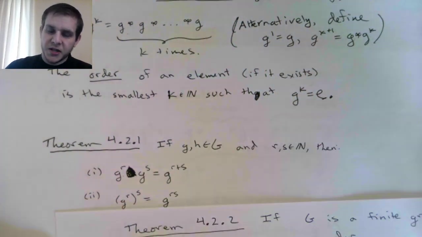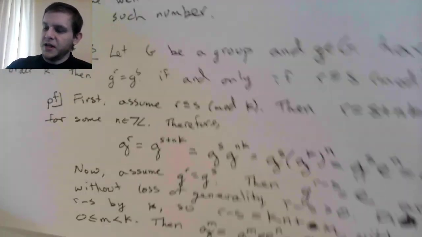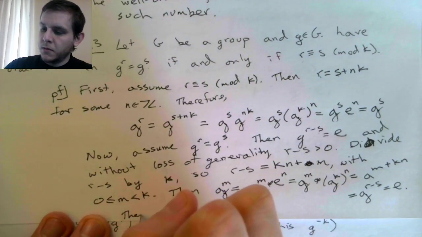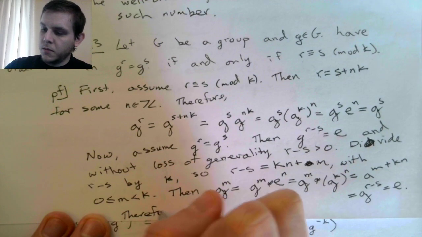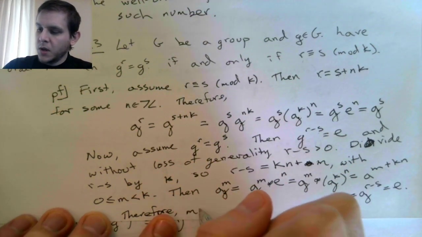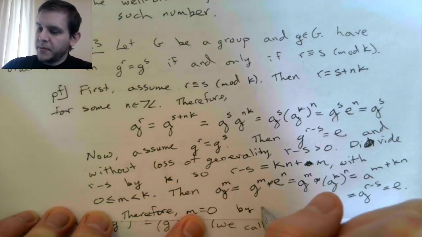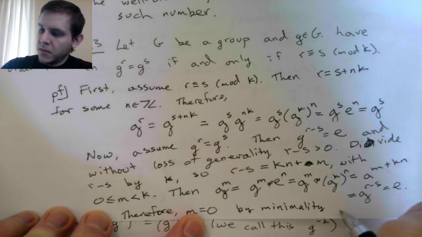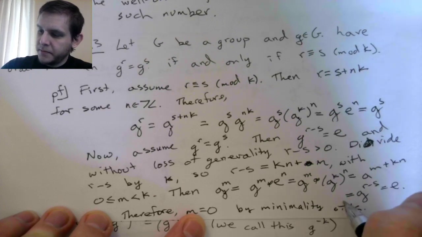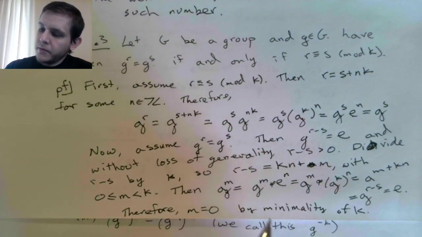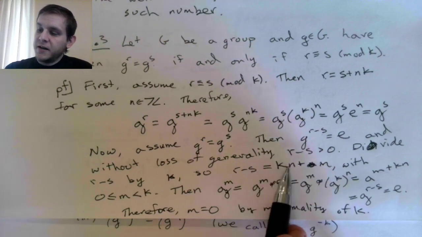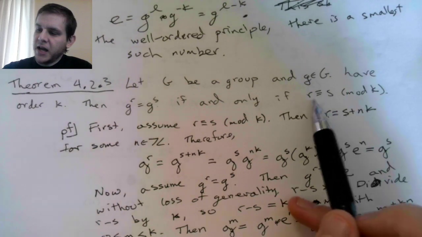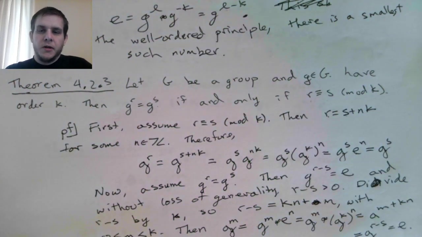Right, so it's the smallest non-zero positive integer that's equal to K. So M equals 0 by minimality of K. So if M equals 0, that means that K divides R minus S, which is the same thing as saying that S is congruent to R modulo K.